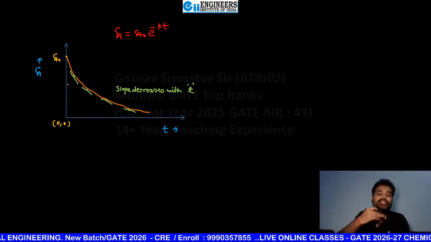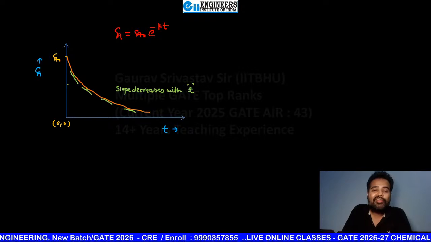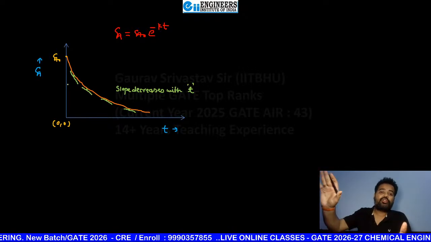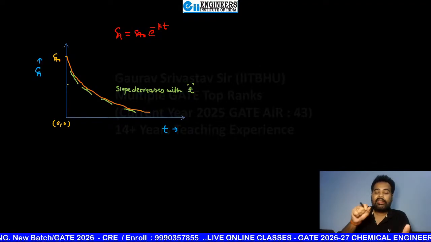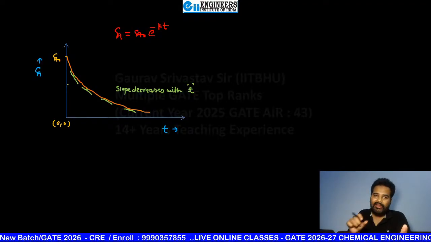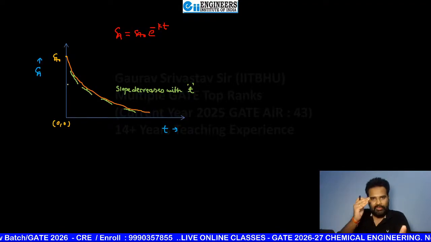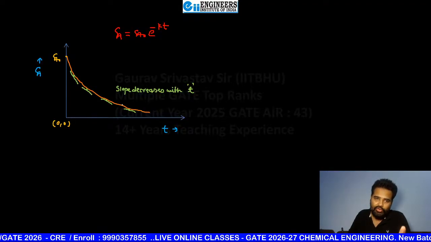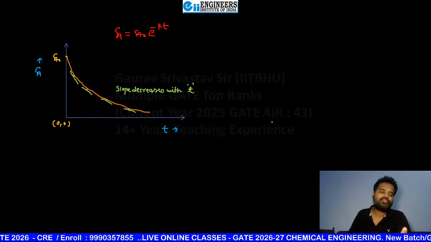That means initially the reaction rate, if you see how the conversion forms, is very high, but after some time the rate is less. Why? Because the concentration of A is going down. So the decay starts fast, then becomes slow, and slowest.